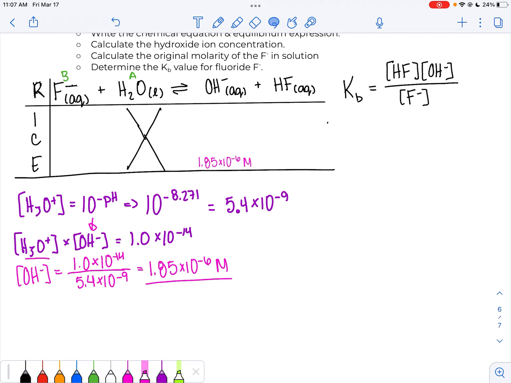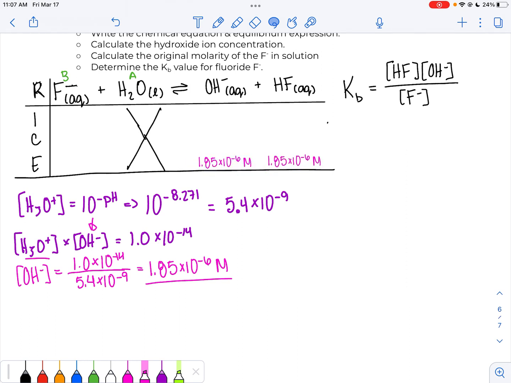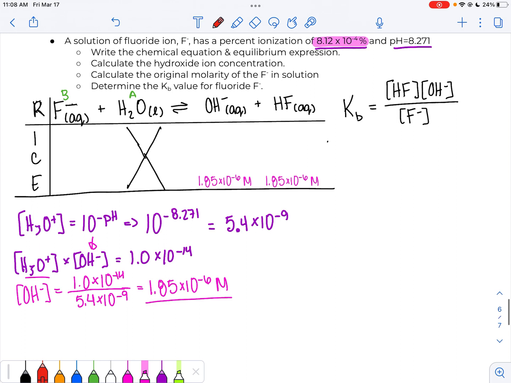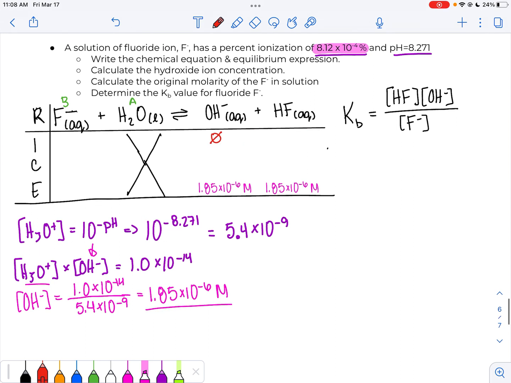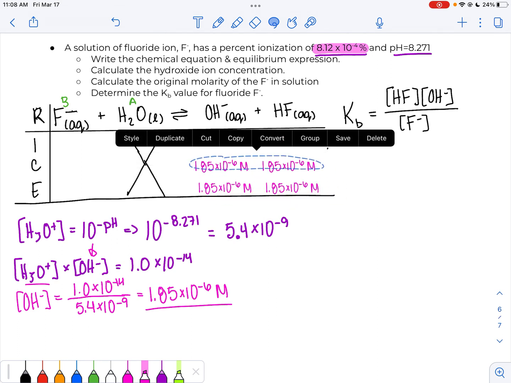But hydroxide and HF are in a 1-to-1 ratio, which means I also end up with this concentration of HF. And I know that initially I should have 0 concentration of my hydroxide and my HF, my hydrofluoric acid. So how did I get to that number? Well, I had to add this exact number to my system.